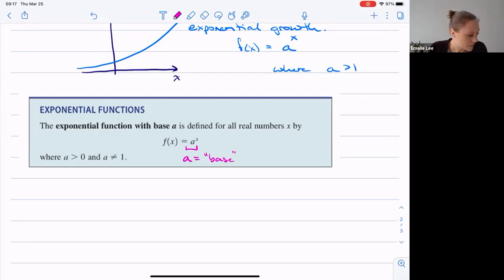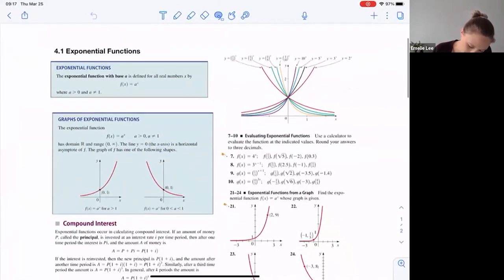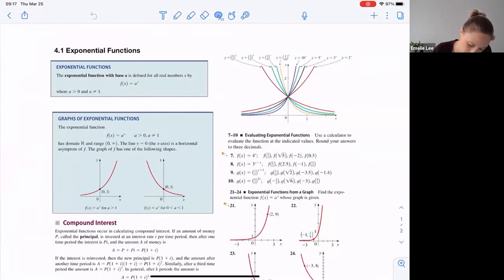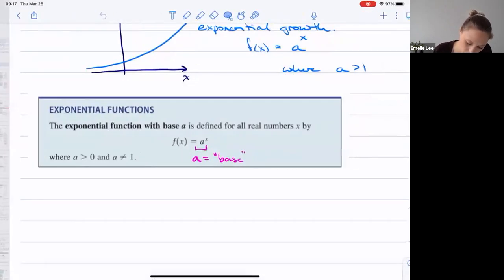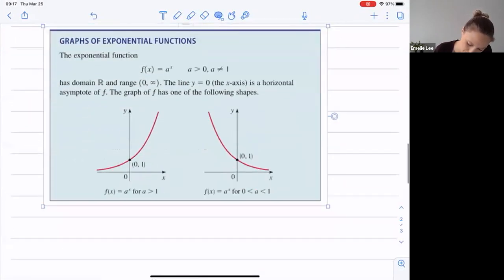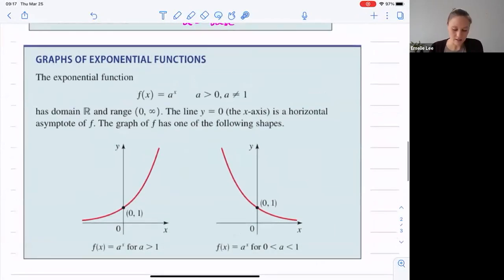Okay, so what we said, and I'll just grab it from the handout, is that we could have exponential growth, or we could have exponential decay. If you have a to the power of x, a has to be greater than 0.